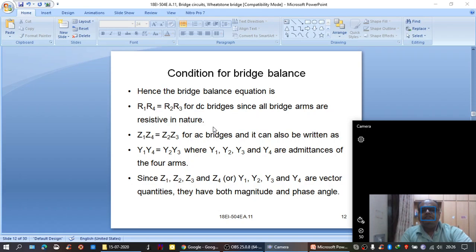So for DC bridges, Z1 equals R1, Z2 equals R2, Z3 equals R3, Z4 equals R4. By replacing impedance with resistance, the balance condition for a DC bridge is R1 R4 equal to R2 R3.